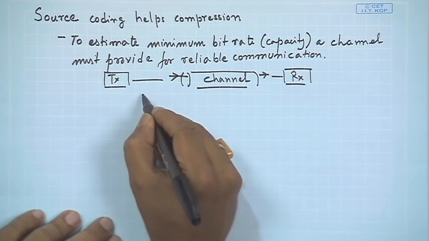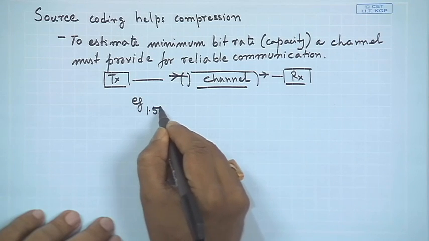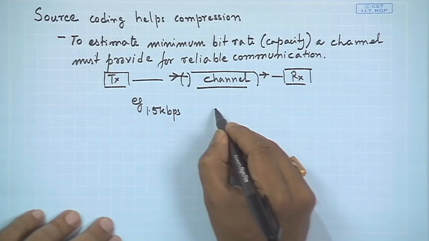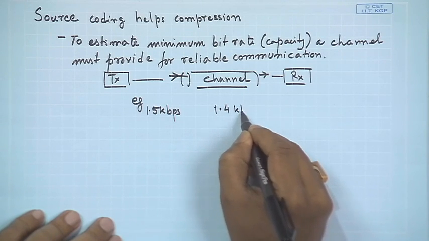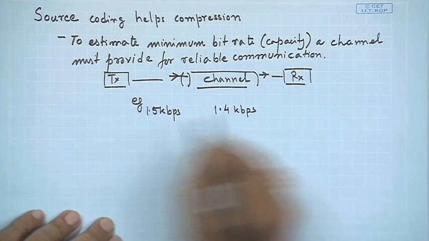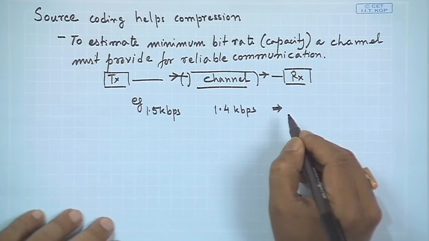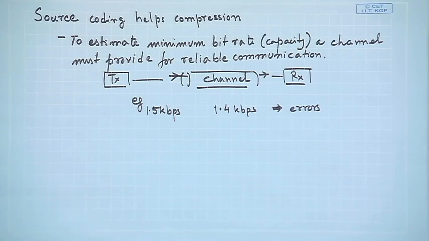Now, suppose, for example, the transmitter produces 1.5 kilobits per second, whereas the channel capacity is 4 kilobits per second. This implies there will be errors which cannot be reduced, that means you cannot make them 0.